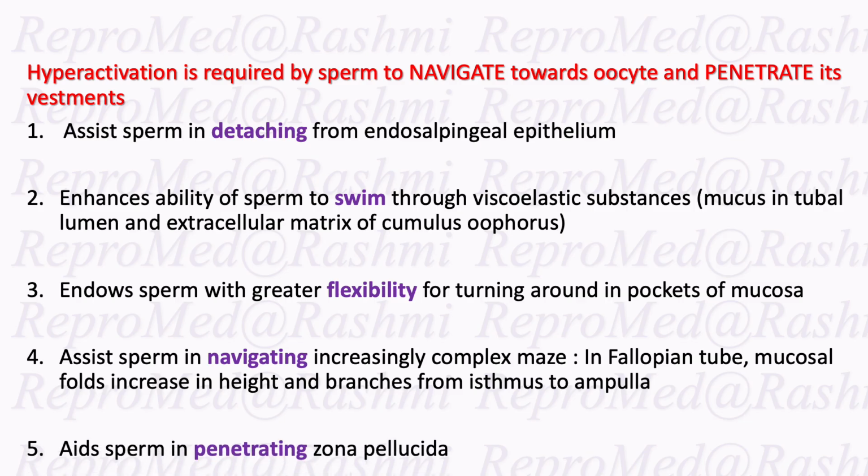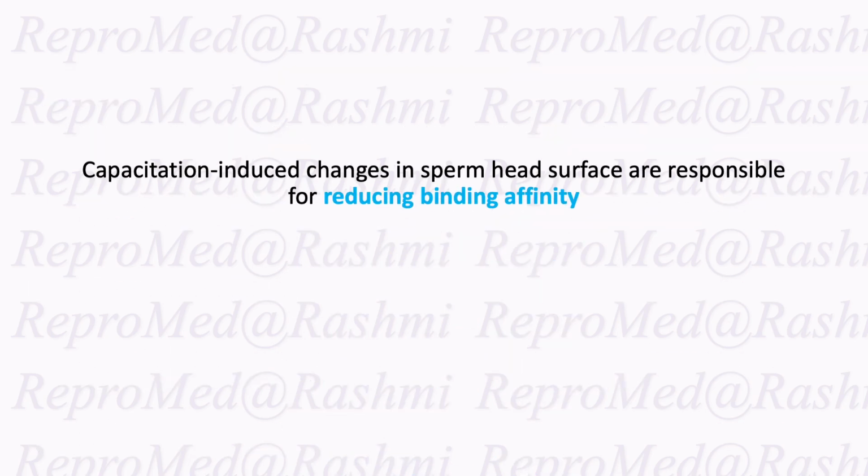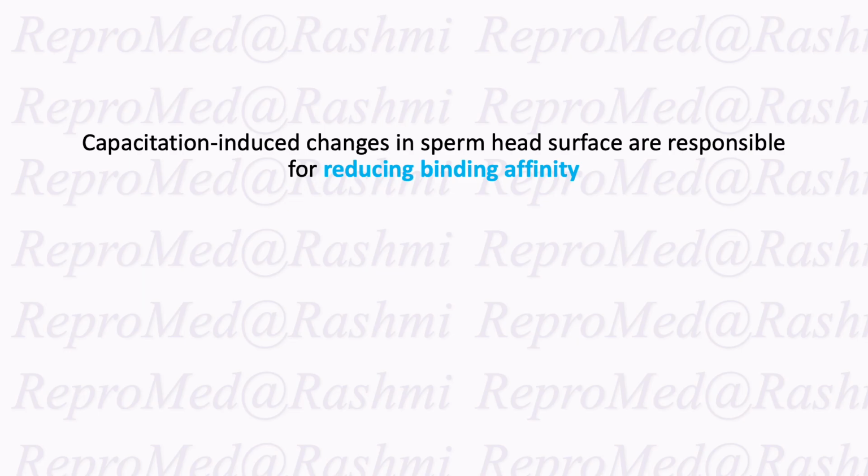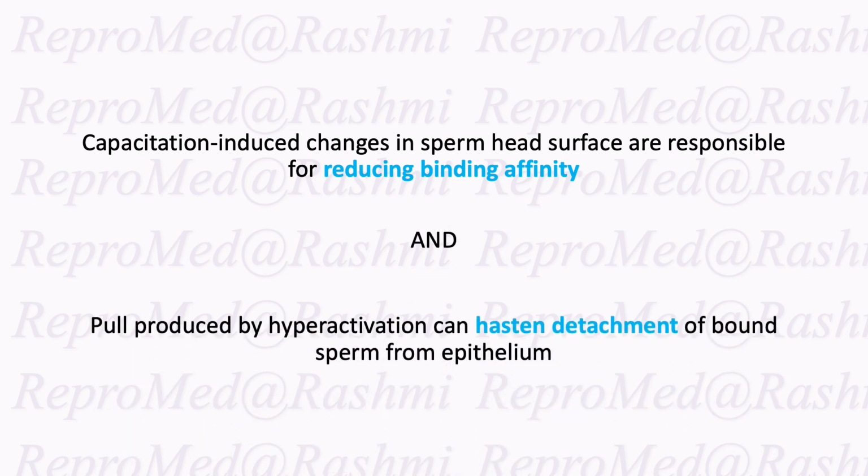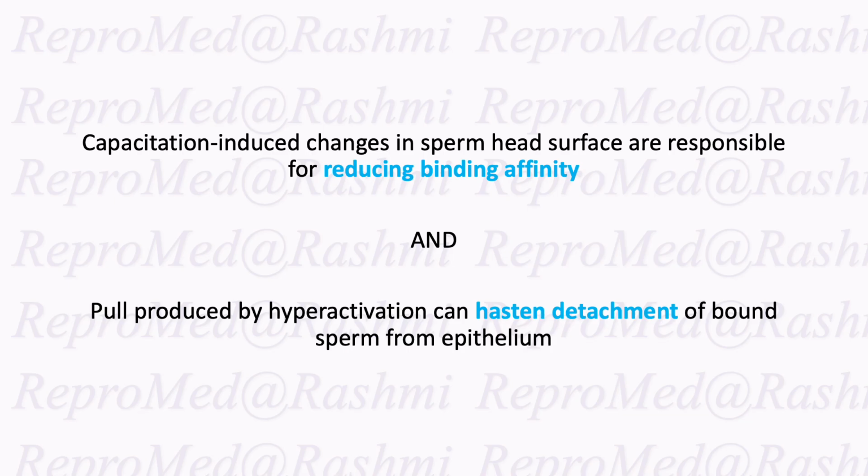And finally, it aids sperm in penetrating the zona pellucida. Capacitation-induced changes in the sperm head surface are responsible for reducing binding affinity, and the pull produced by hyperactivation can hasten detachment of bound sperm from the epithelium. So both capacitation as well as hyperactivation are very important for natural fertilization to happen.